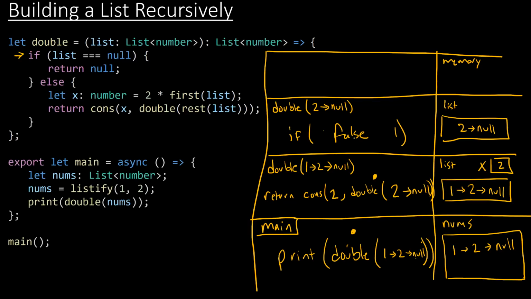If we reach an if statement where the expression is false, we know that we're going to skip the then block, and the very next line of code that we need to process is this one. Let x be a number variable that is 2 times the first value of this list. Well, we need to figure out what the first value of this list is.